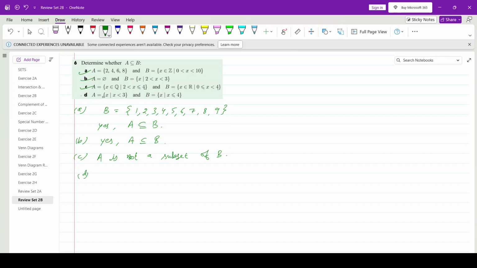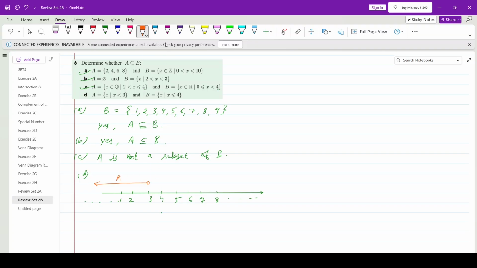A is a set of real numbers less than 3. B is a set of real numbers less than or equal to 4. So let's draw a number line. Now A is a set of real numbers less than 3. So A is going to be this line.